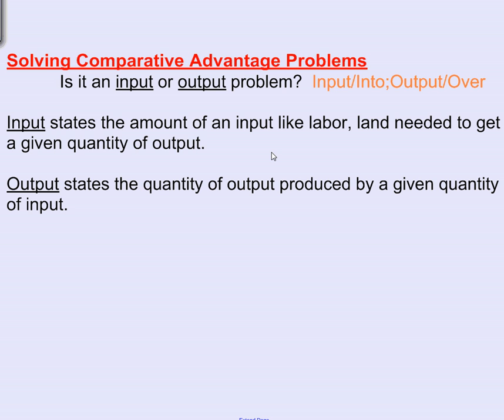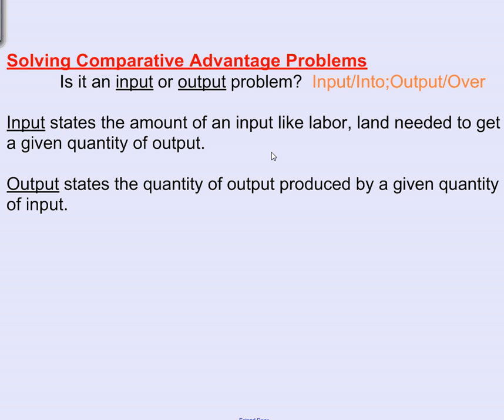If we turned that question around and said, how many hours does it take you to make one wagon, or how many hours does it take me? Let's say it takes you an hour to make a wagon, it takes me 3 hours. Again, you would have absolute advantage because it takes you less input to produce the wagon, 1 hour compared to the 3 hours for me.